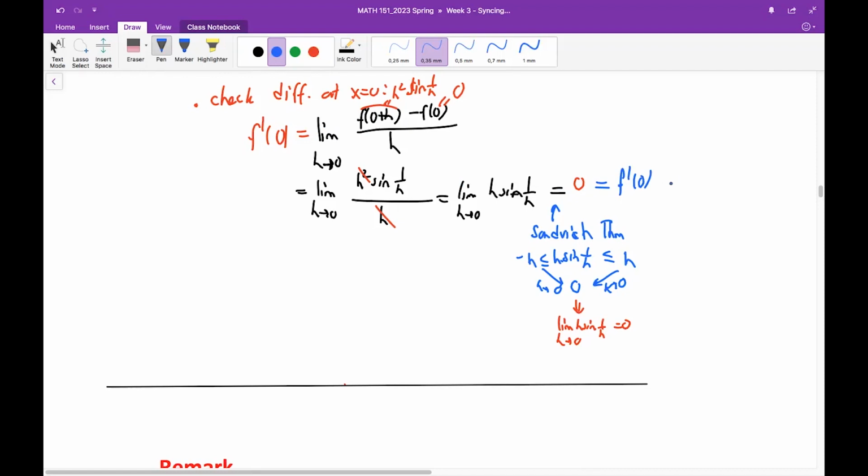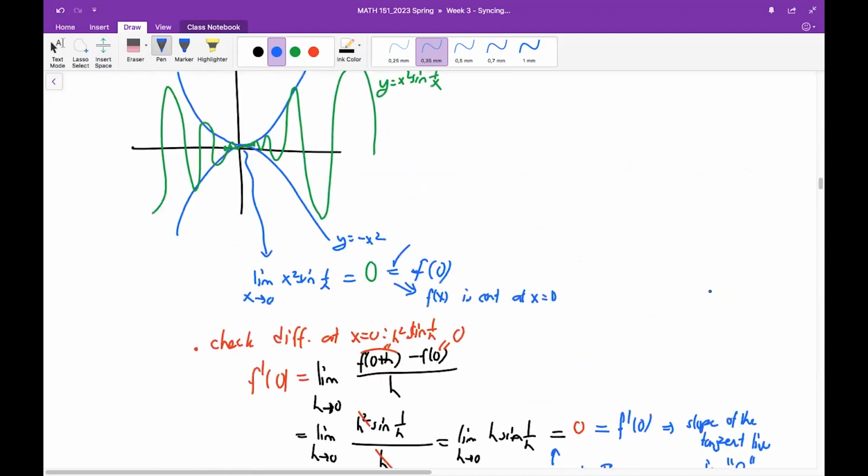F prime of 0 is 0, meaning that the slope of the tangent line is 0. What sort of lines have slope 0? We have a horizontal tangent line. The tangent line is horizontal.